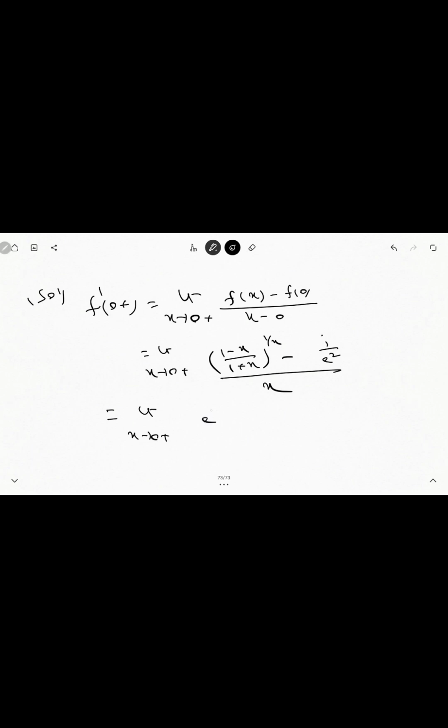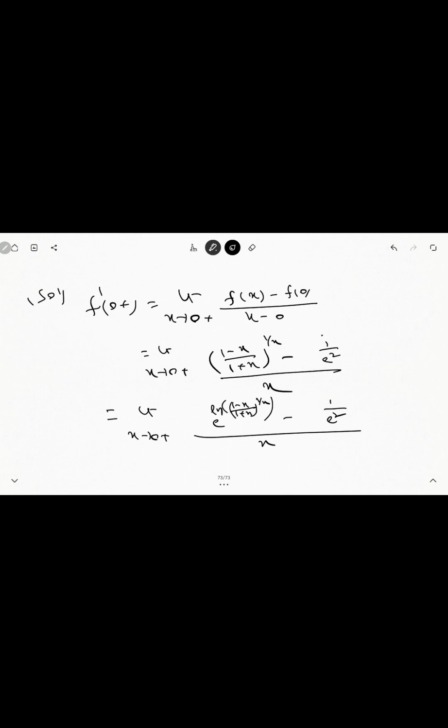You can write e power ln of (1 minus x by 1 plus x) power 1 by x, minus 1 by e square, whole by x, because e power ln theta is theta itself, correct or not?